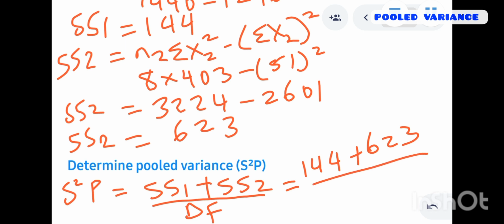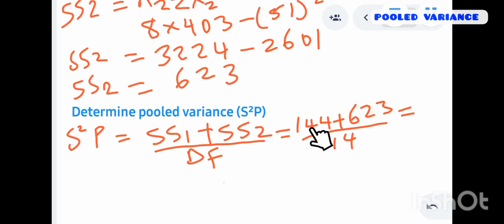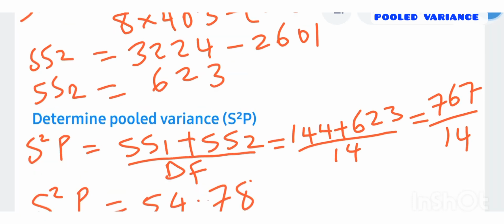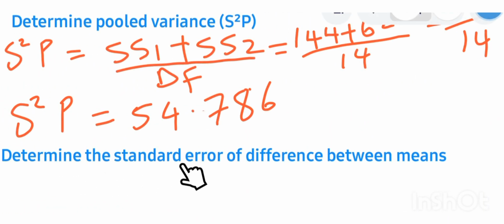Of course, our degree of freedom is 14. So 144 plus 623 gives 767, over 14. So 767 divided by 14, and our pooled variance would be equal to 54.786.